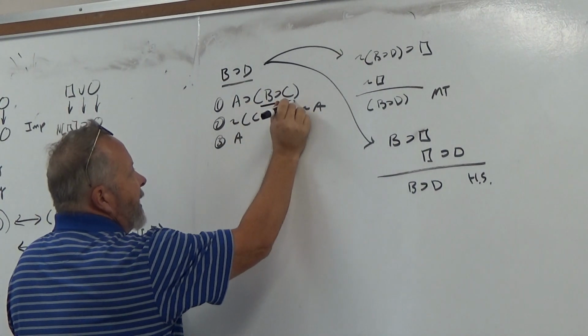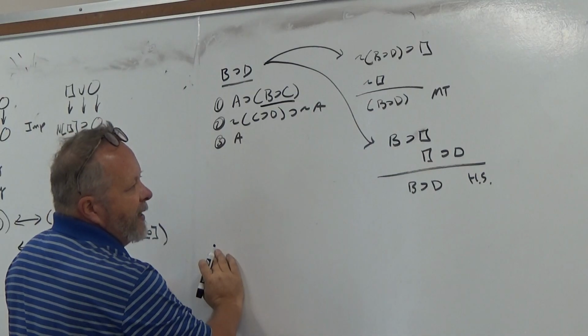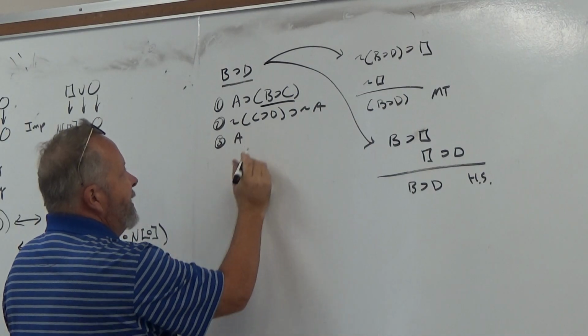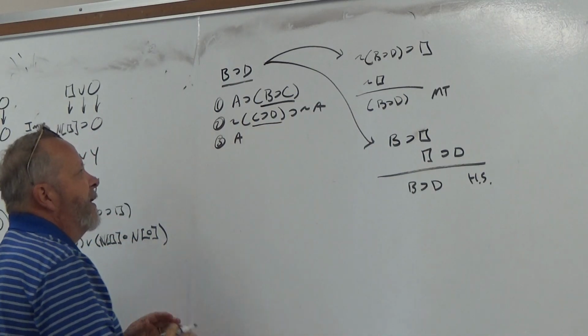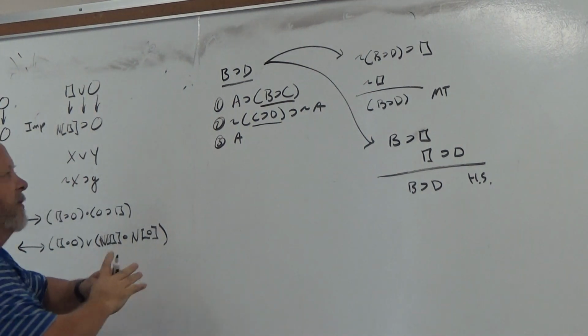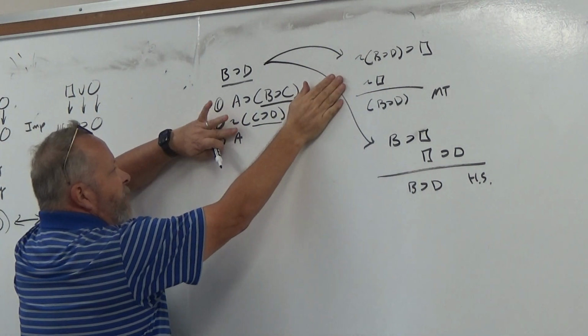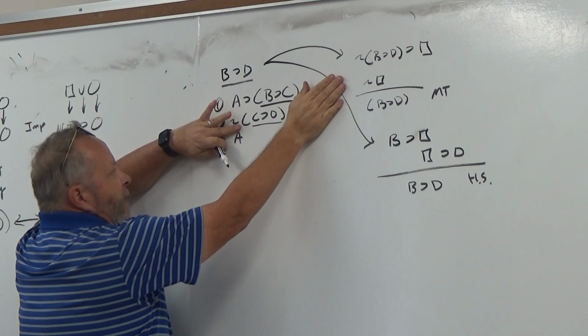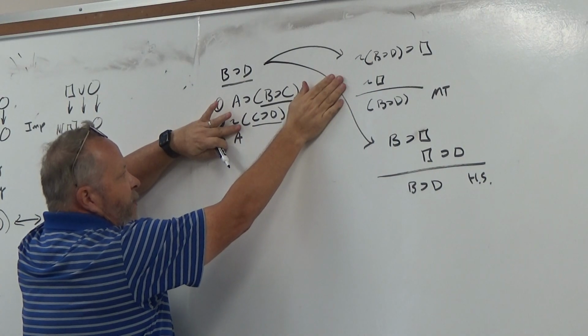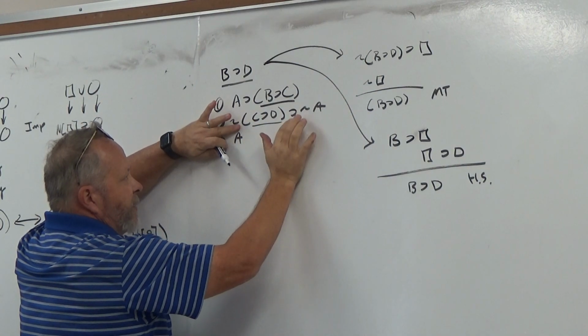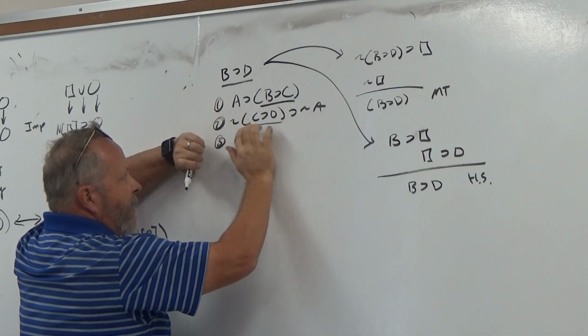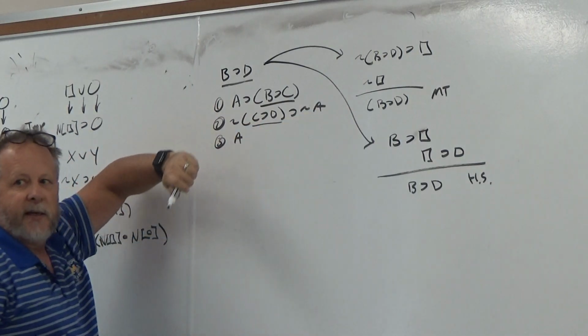Well, there's a B then a blank, and do I have a blank then a D? I do, okay? So those two parts, now look, this one does have a negation attached to it, but that negation will go away because the only way we can get an antecedent out of a conditional is by modus tollens, and that would drop the sign, okay?